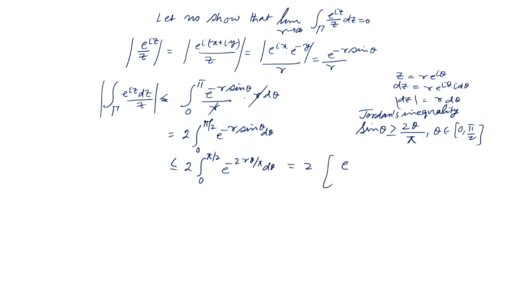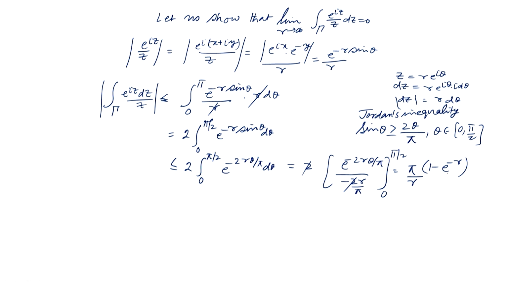We can now integrate easily. So, e to the power minus 2 r theta divided by pi, over minus 2 r over pi. So, this is equal to, the 2 will cancel with this 2, pi over r, and we get 1 minus e to the power minus r, with limits 0 to pi by 2.